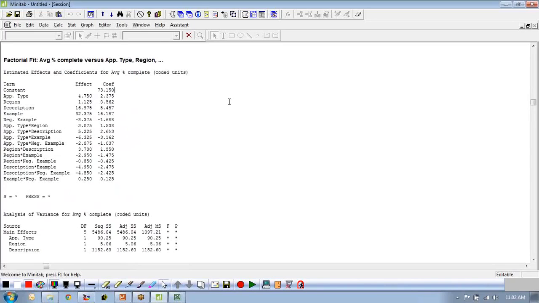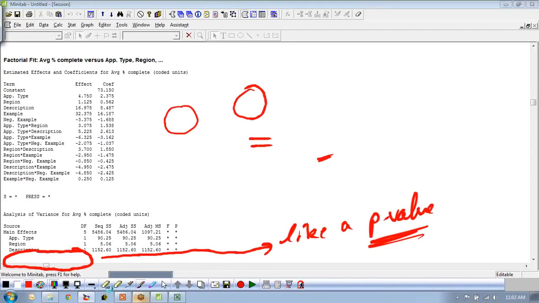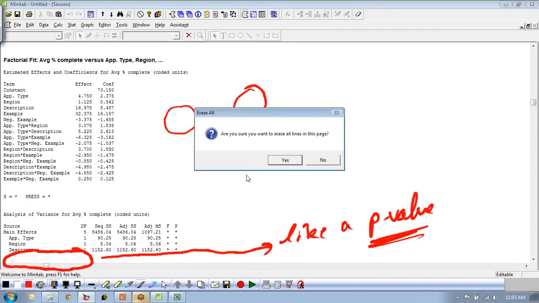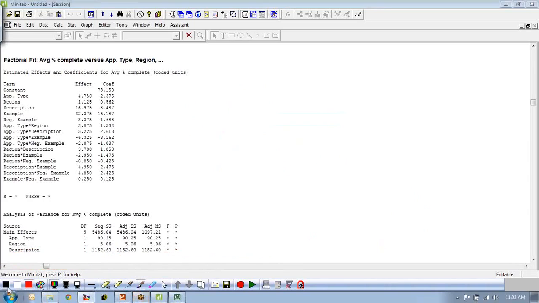So the model that Minitab built, and hold on to your hats, folks, is a big bad model. It built y equal to a constant, which is 73.15, plus some factor for app type.